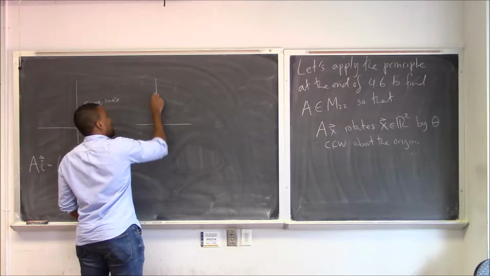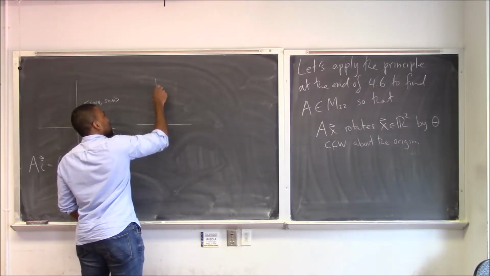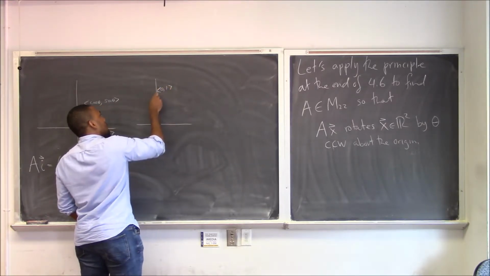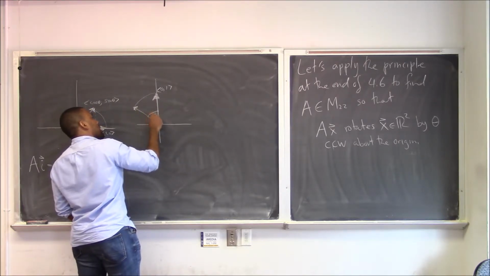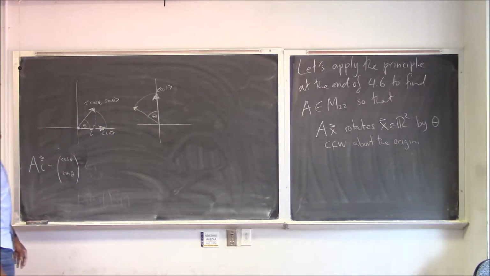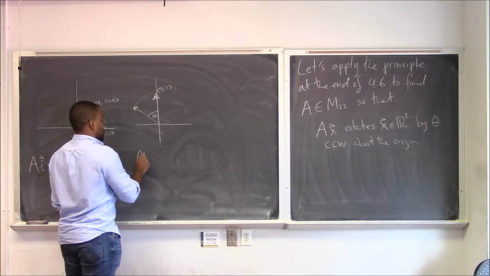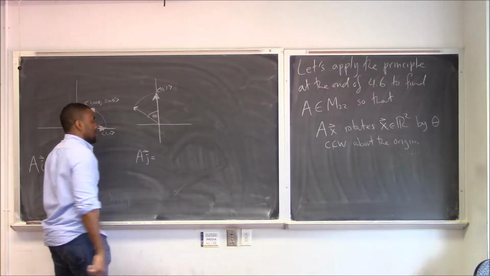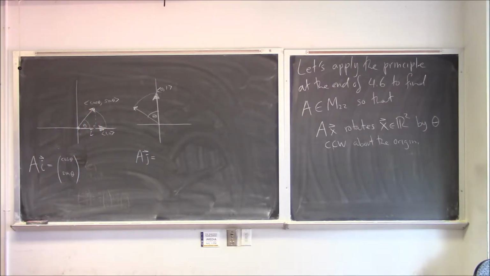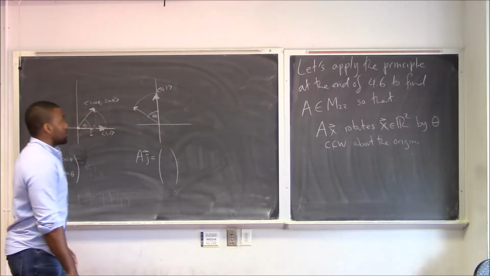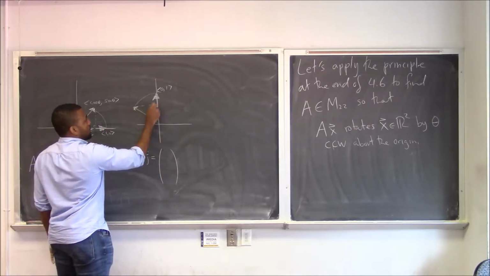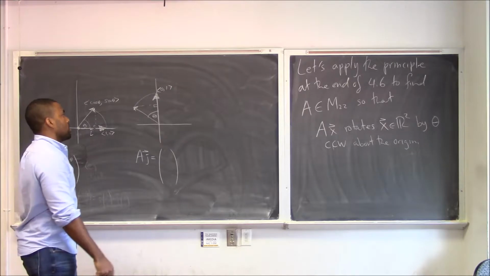Let's say I have this vector here. That's the vector 0, 1. I want to rotate that counterclockwise by some angle theta. So the matrix I care about must be the matrix that turns j into something else. We can do a similar construction here, create a right triangle.